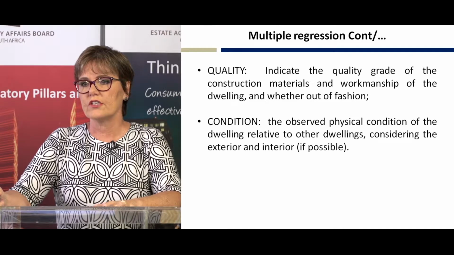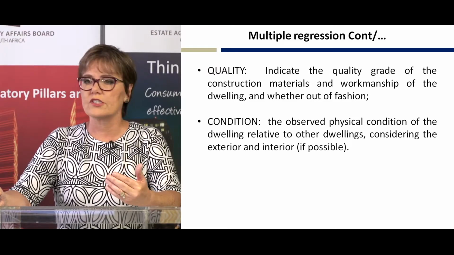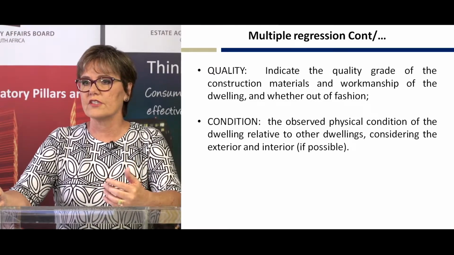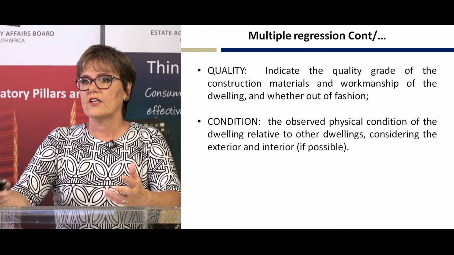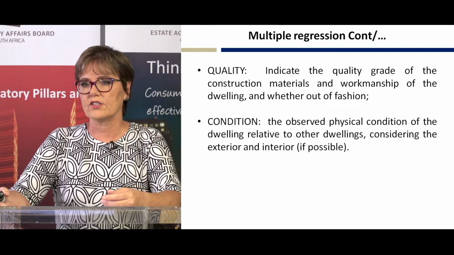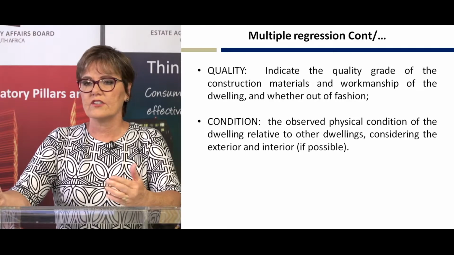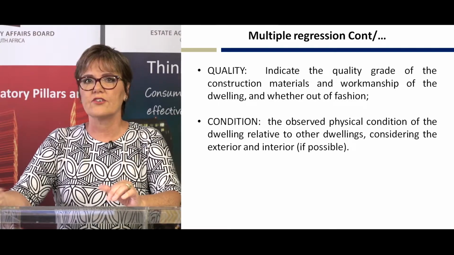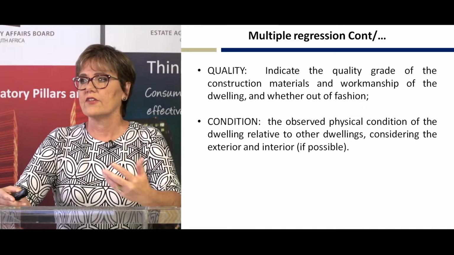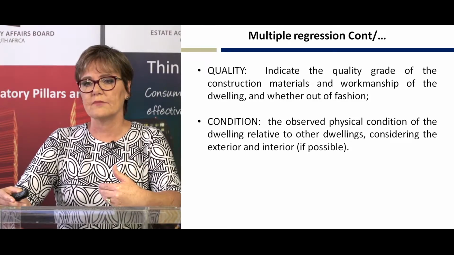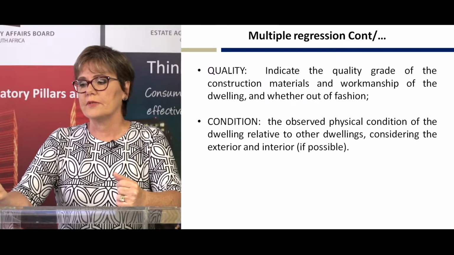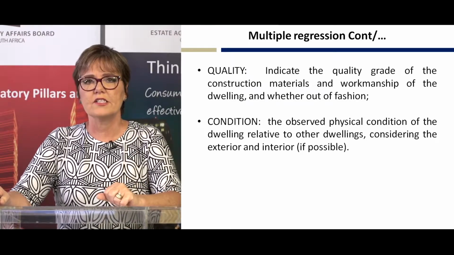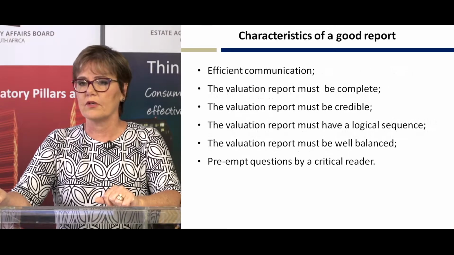Then condition is the observed physical condition, what you can see with the naked eye, of this dwelling relative to all the other dwellings. Interior is usually a problem, but from the exterior you can get an impression whether maintenance is up to date and whether money is spent on the upkeep of the property.